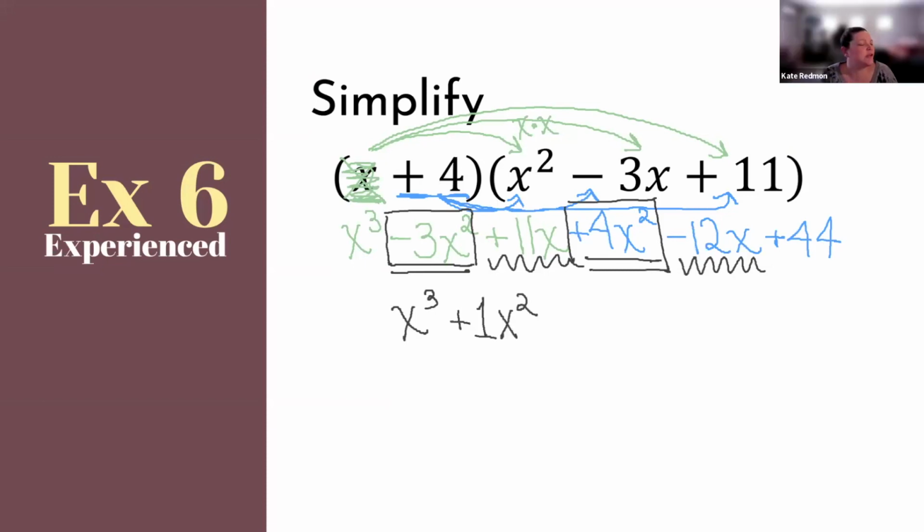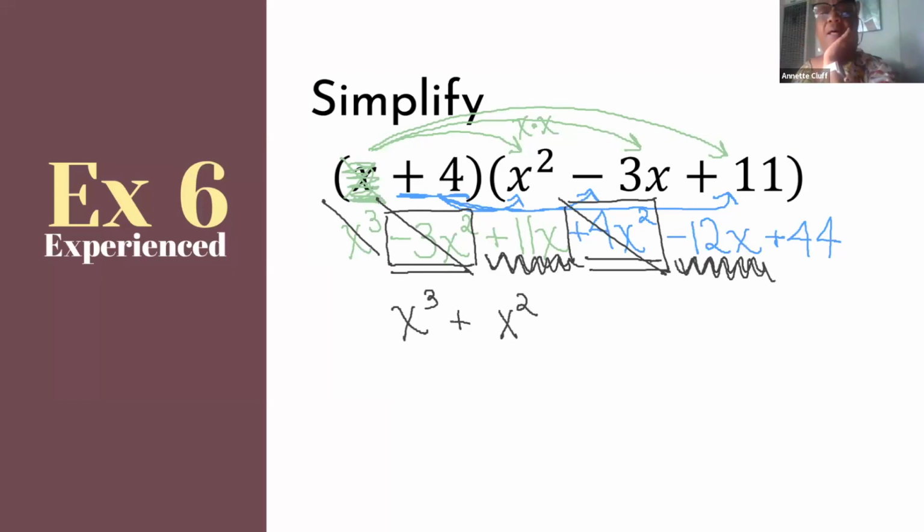But there is a symbol here I do not need. I do not need a coefficient of 1. So now I dealt with my x cubes, I dealt with my x squareds. Now it's time to deal with my plain old x's. I have positive 11x minus 12x. What is 11 minus 12? Negative 1x. Good.